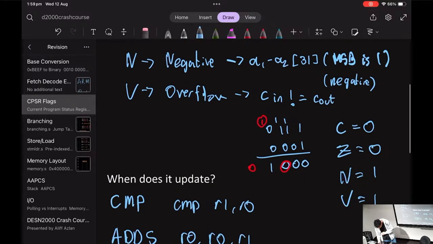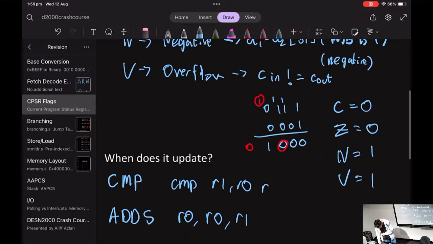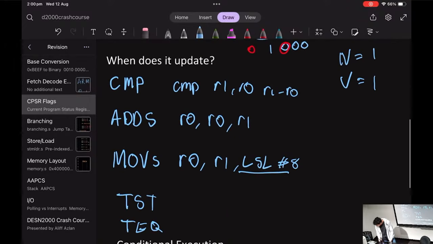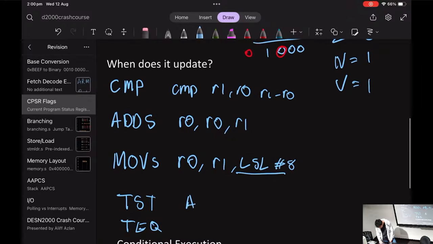CMP does R1 minus R0 and compares that result. TST, I believe, does AND, so it does AND R1, R0. So this is actually equivalent to ANDS.